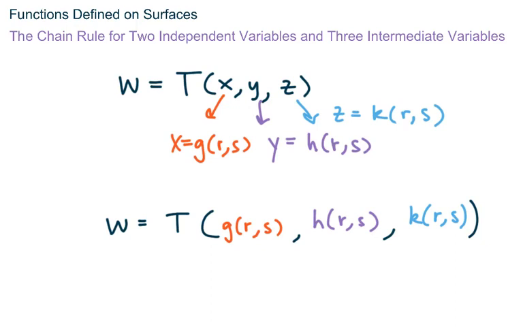Okay, so this is the type of function we are dealing with. T is defined as x, y, and z, where x, y, and z are each functions representing longitude and latitude. So two independent variables and three intermediate variables x, y, and z. All right, so let me pull the definition in.